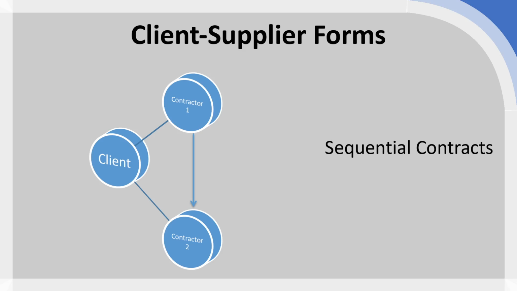With a sequential contract, there will be some deliverables that need to move between contractors and a degree of interaction which is required, but it's still the client who ultimately is going to be overseeing, coordinating, and administrating the whole process themselves. So an example of this could be where there is a specific deliverable which needs to move from the first contractor to the second contractor.